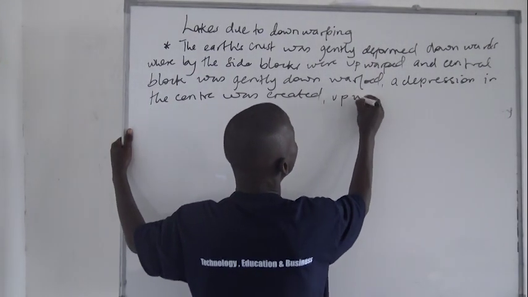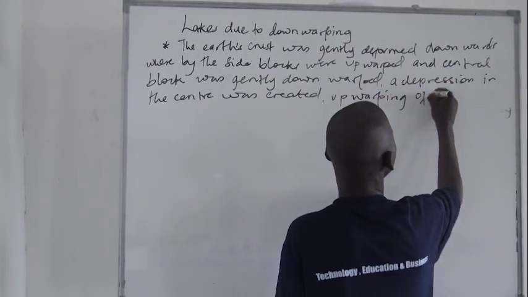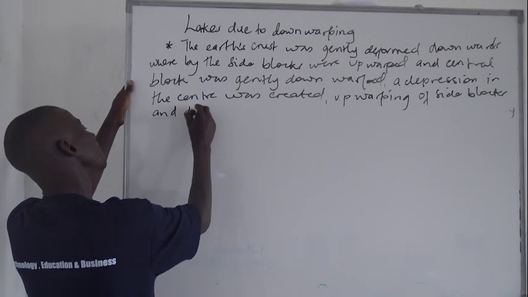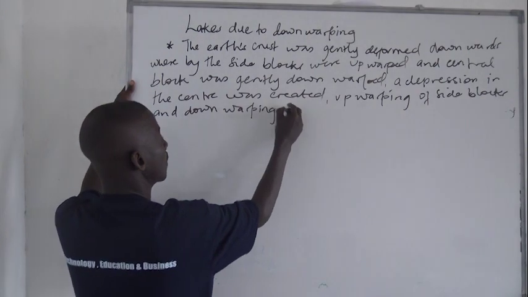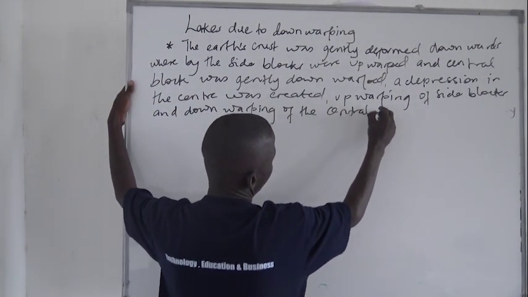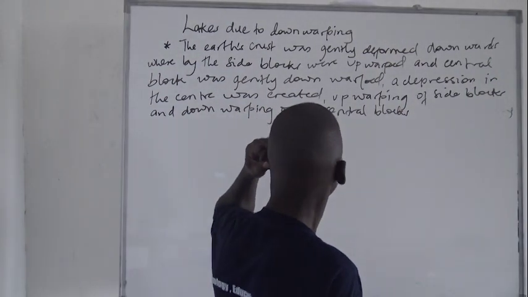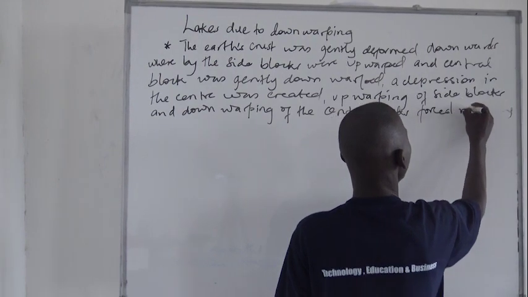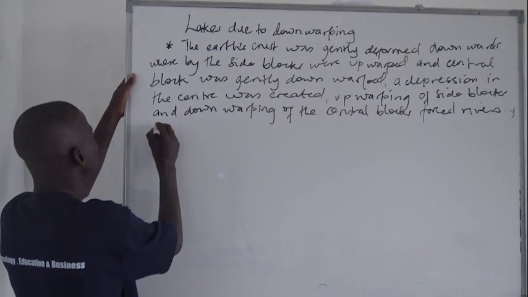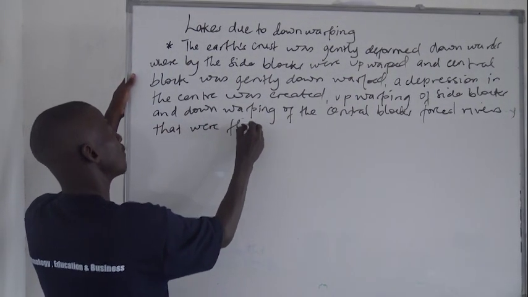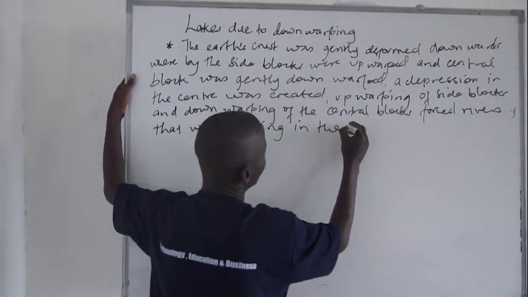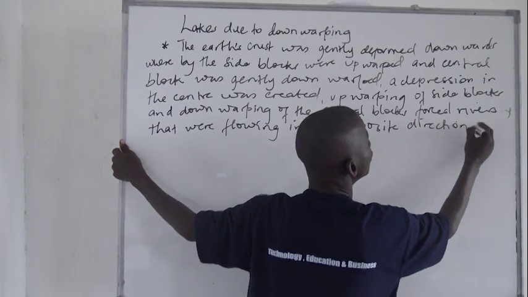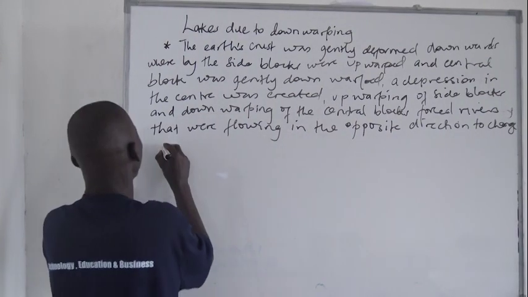So the upwarping of the side blocks and then the downwarping of the central block forced rivers that were flowing in the opposite direction to change their course of flow.